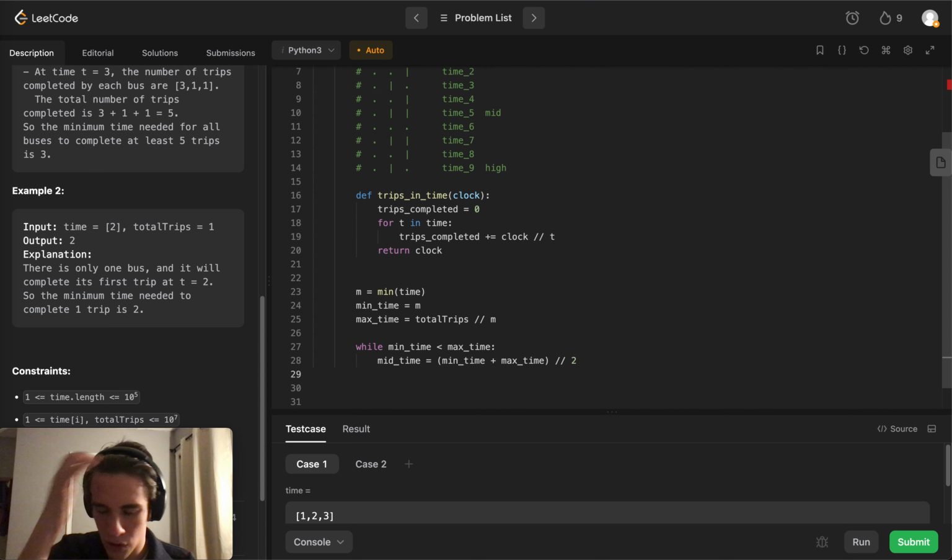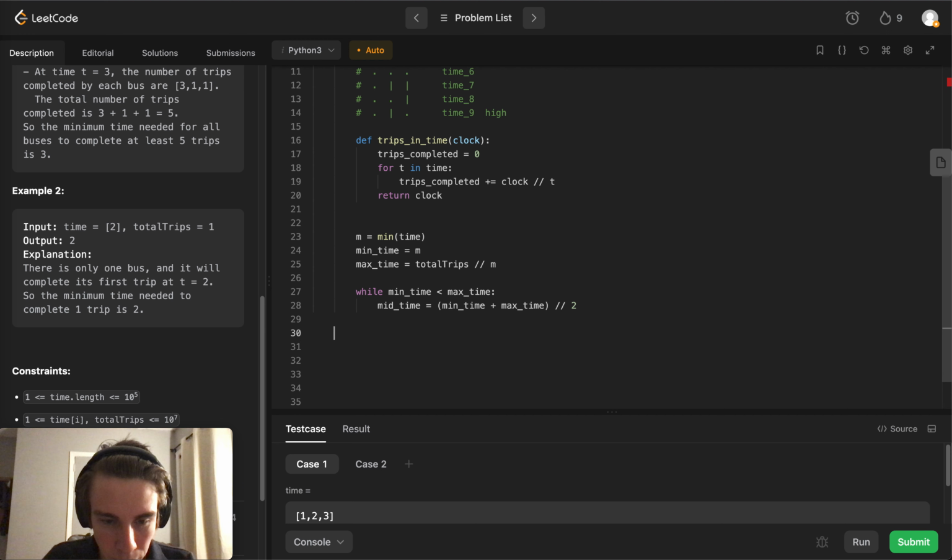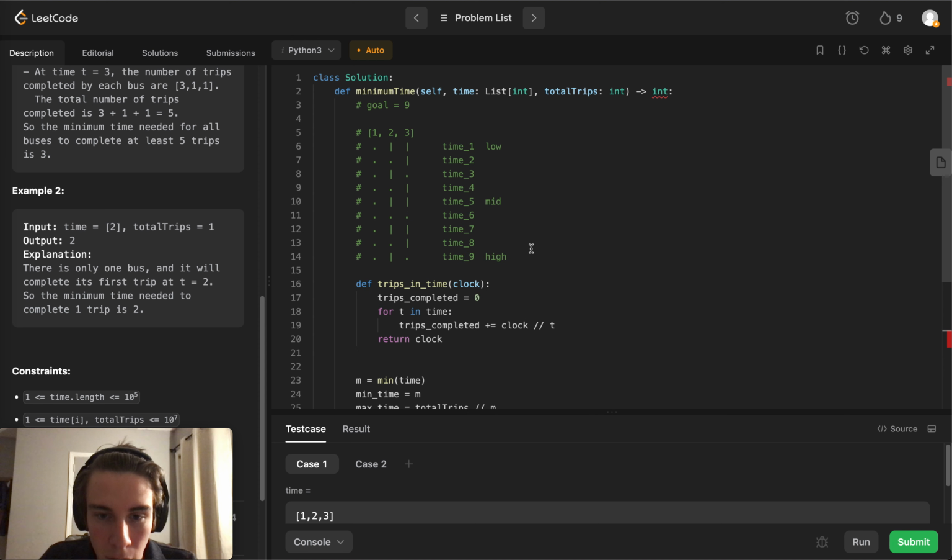So yeah, just please check that if you want. But let's see. Last part is, what do we do when we actually, so we have the trips, which is equal to trips in time given by mid time. And if, okay, so here's the tricky part here.